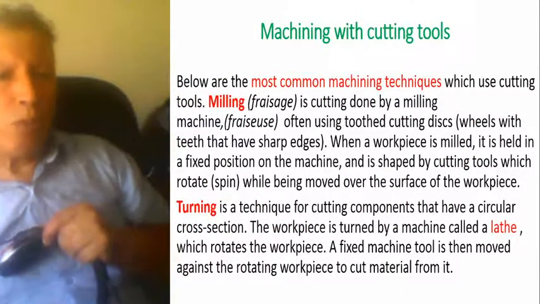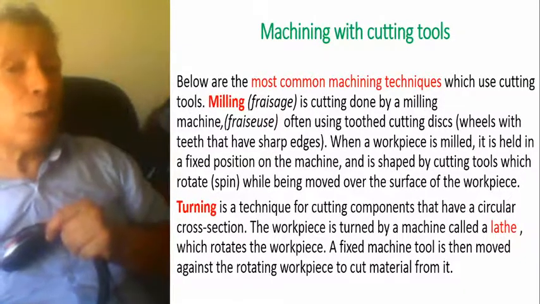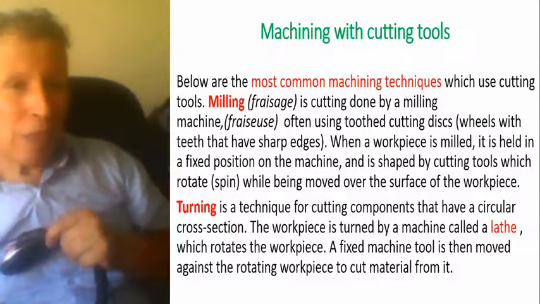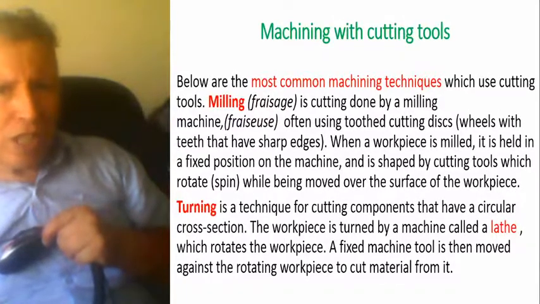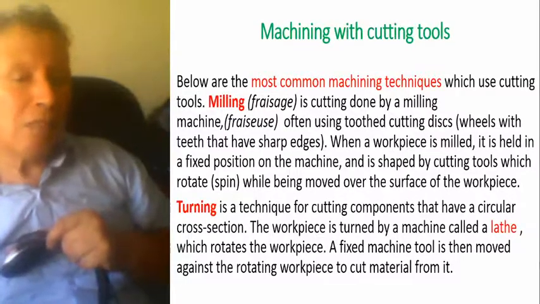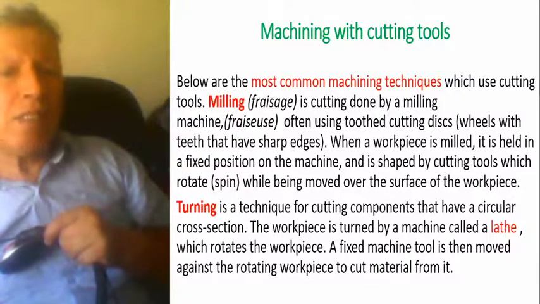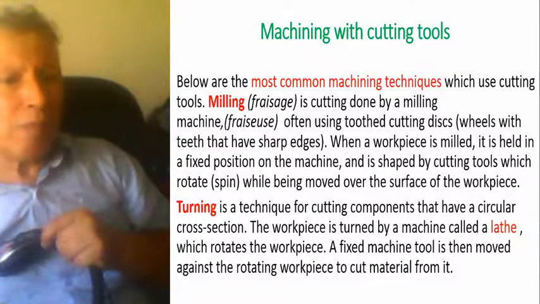Machining with cutting tools. Now let's see the various types of machining and the various types of cutting tools. Below are the most common machining techniques which use cutting tools. Milling, c'est l'équivalent de fraisage, is cutting done by a milling machine.